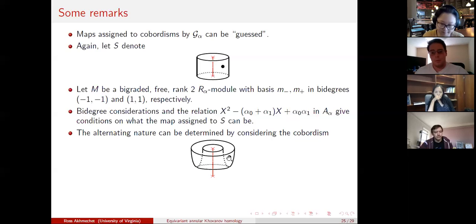Now with the dot, you have 2 places to put it. You can put it on the innermost one, or near the outermost essential circle. These are the same, you can slide the dot around, but this will give you an idea, based on the previous conditions or restrictions, what the map could be for S.